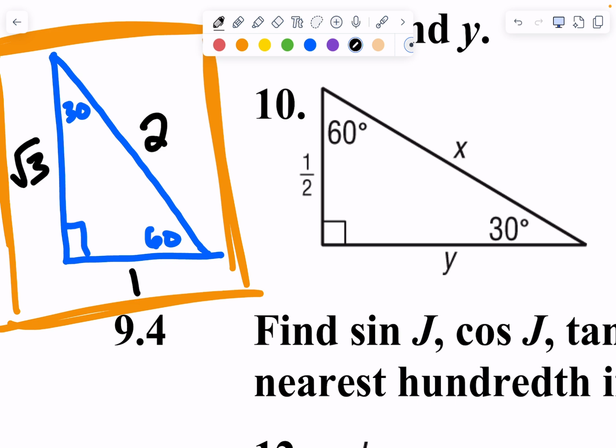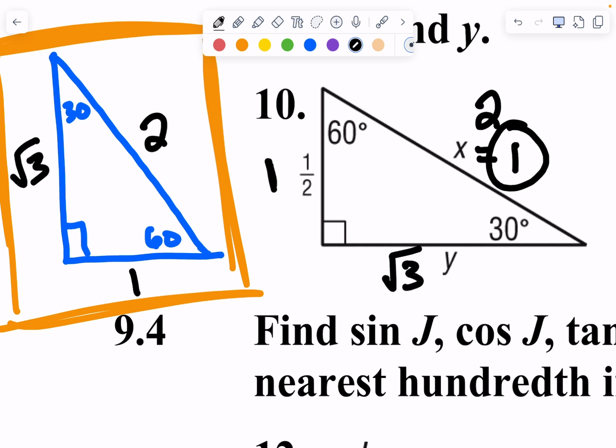Okay, so on number 10, which side is the 1 side? The 1/2. Which side's the 2 side? X. Okay, so the relationship between those two, whatever this guy is, this guy's double that, right? So if it's 1/2, X is 1. That's the answer to that guy. And Y is the square root of 3 side. So I take this side and I multiply by the square root of 3. What's 1/2 times the square root of 3? 1/2 square root of 3, 0.866.